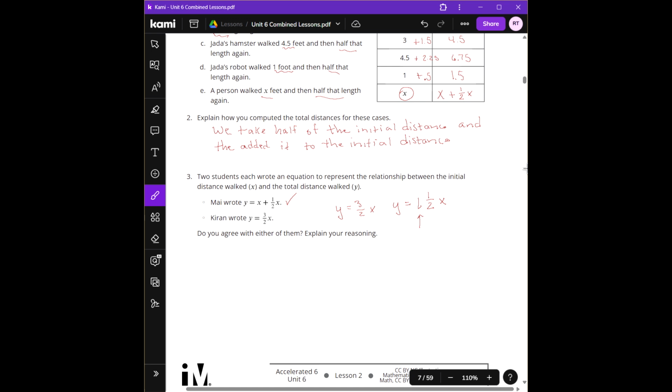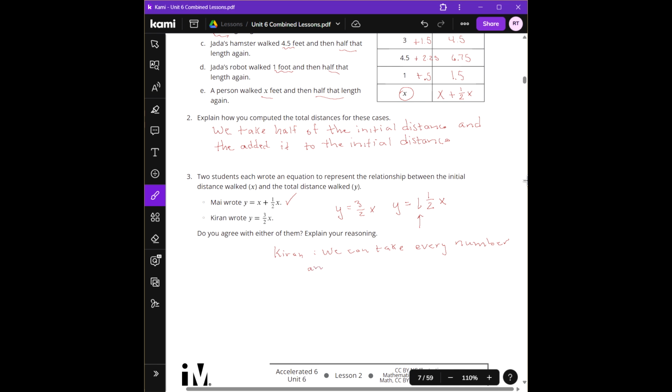So if we have Kieran, we can take every number.